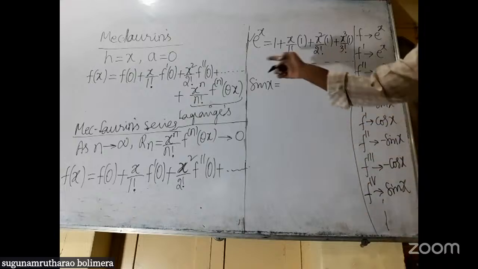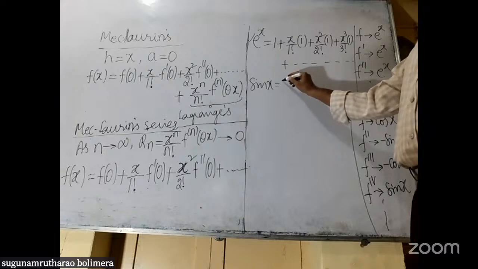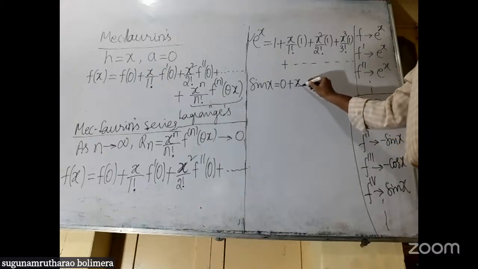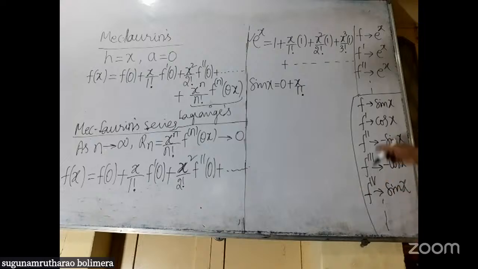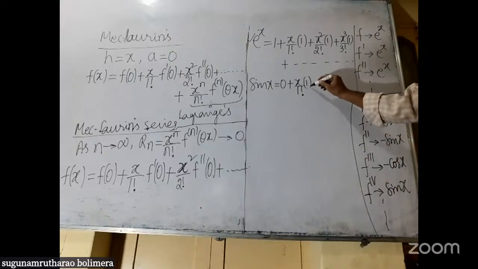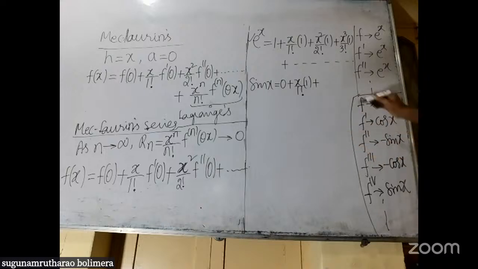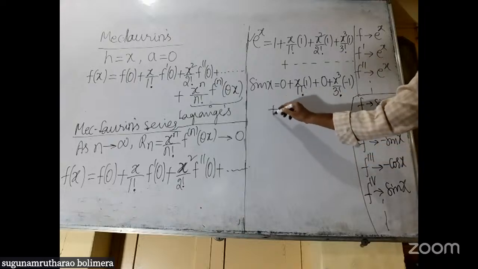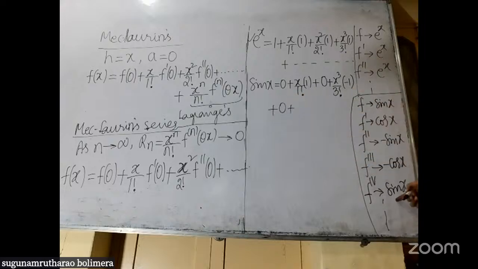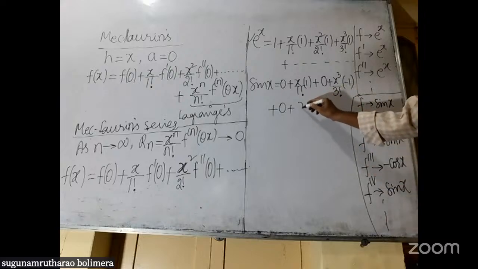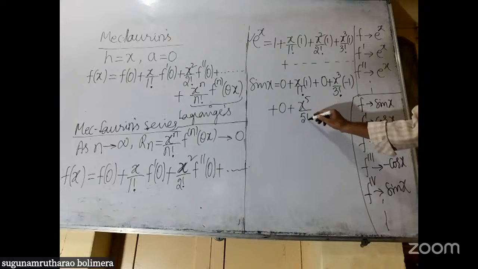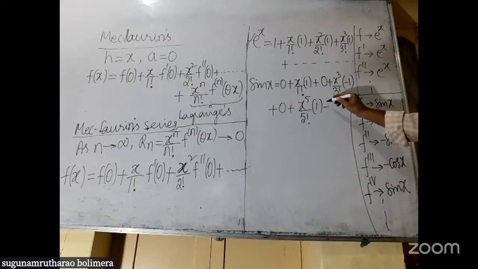Now substitute: f of 0, sin 0 is 0. x by 1 factorial, cos 0 is 1. Next sin 0 is 0, the double derivative is 0. Next minus cos 0 is minus 1, so plus x cubed by 3 factorial into minus 1. The fourth derivative gives 0 and the fifth derivative is cos x, so x power 5 by 5 factorial into cos 0, which is 1, plus 1.